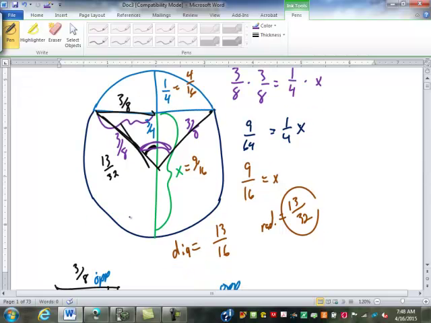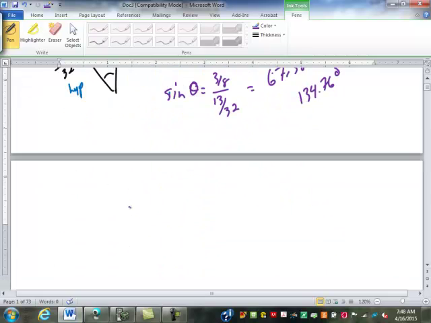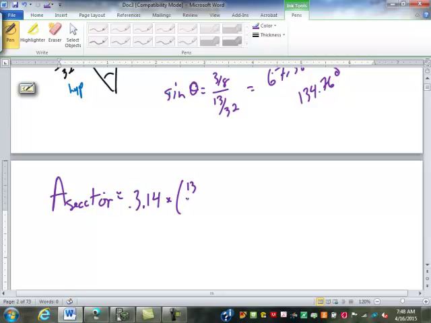So now we need to find the area of that sector, which is just going to be the area of the whole circle, pi times 13/32 radius squared, times my angle, 134.76 over 360.